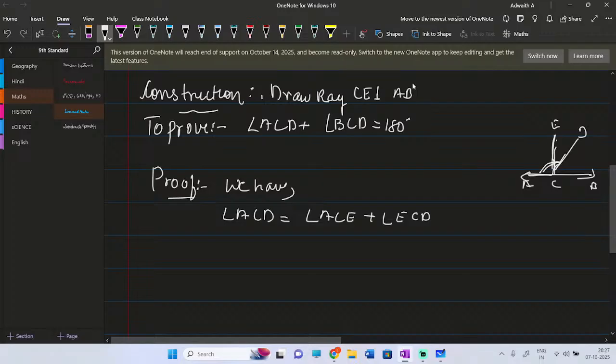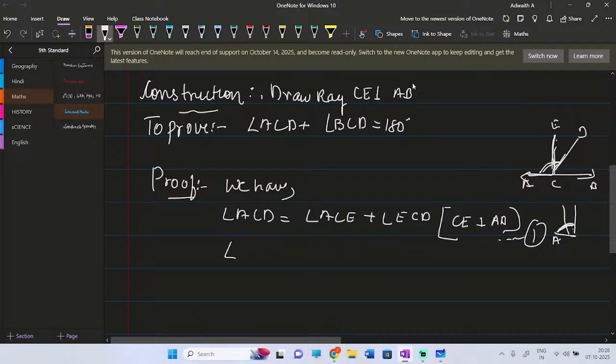When we draw this full angle, this shorter angle forms, so ACE and ECD. We have to write the reason. What is the reason? CE bisects line AB, right? So this is equation number 1.